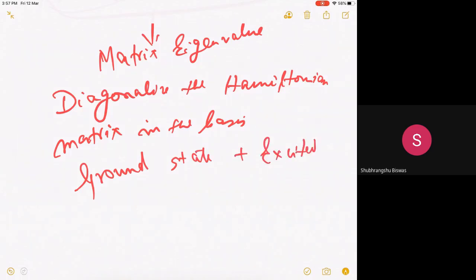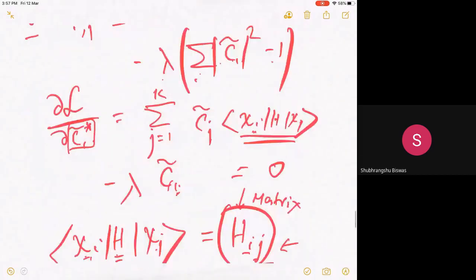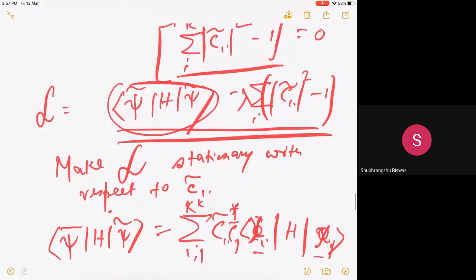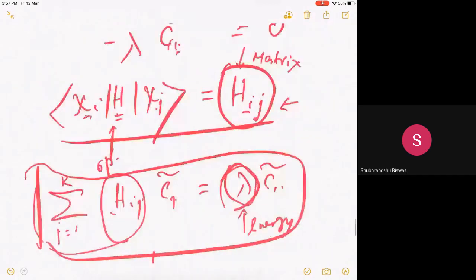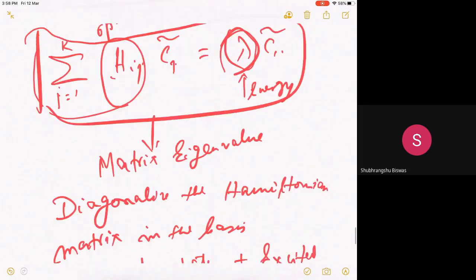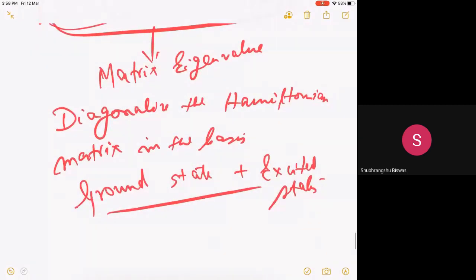This is a very, very important part of a linear variation. And since I have used the normal variation method, I made this stationary. Of course, it also has an upper bound property, so all of these lambdas are greater than or equal to the ground state energy, but there is something more that I will see later. The upper bound with respect to the ground state is of course there, but it has much more features that we will see.